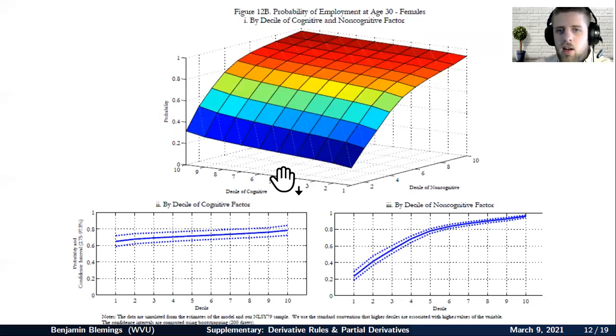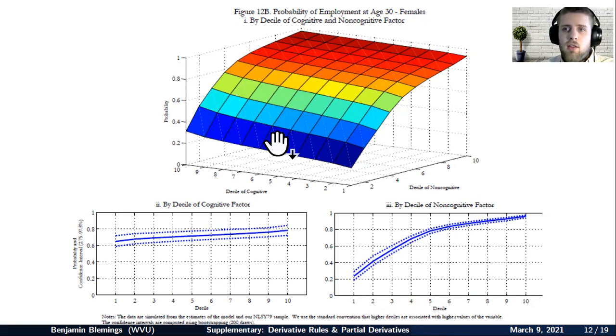But what stands out to me is as females become more non-cognitively talented, there's this really steep slope here that then levels out. So as they become more non-cognitively gifted, for the same level of cognitive ability, they become much more likely to be employed at age 30. And so this is just another interesting use case I find from this.